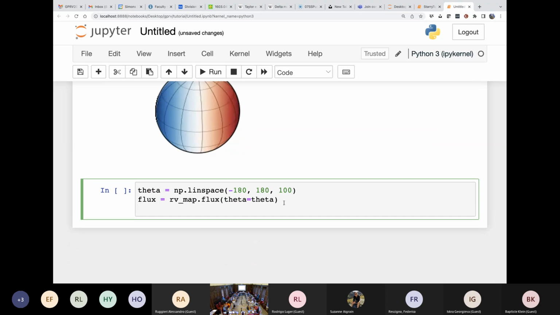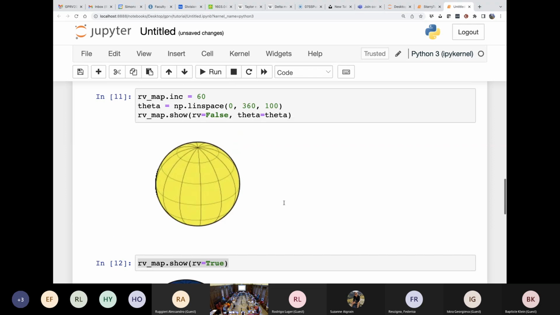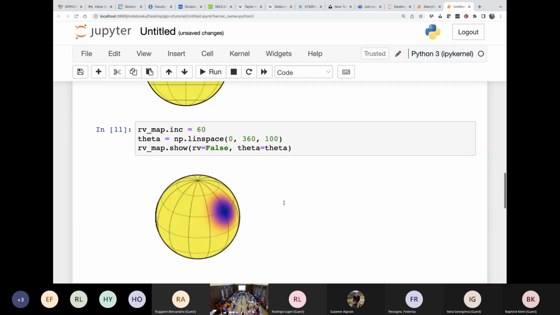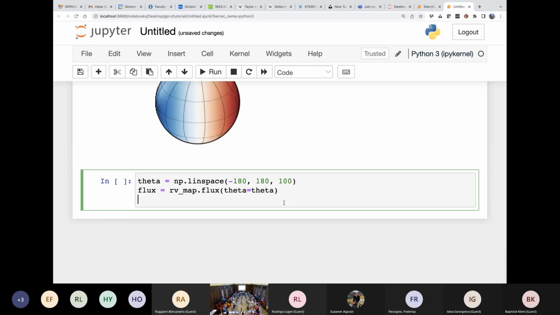And Rodrigo, you set the inclination at an early stage, right? I did. I'll scroll up to it here. It's an inclination of 60 degrees. Back down to the cell. Then I'm just going to plot theta, flux, and I'm just going to normalize it, so I'm going to divide by the mean flux.